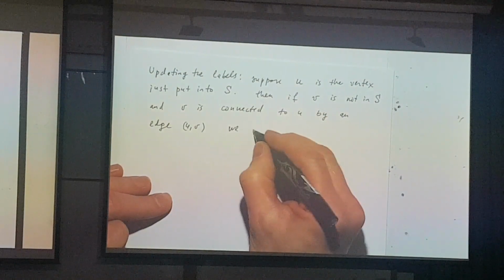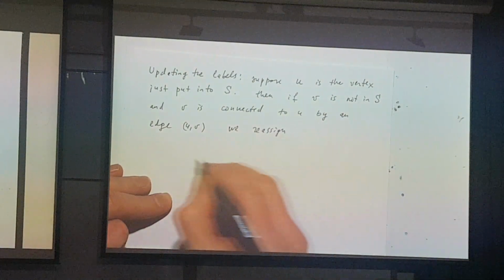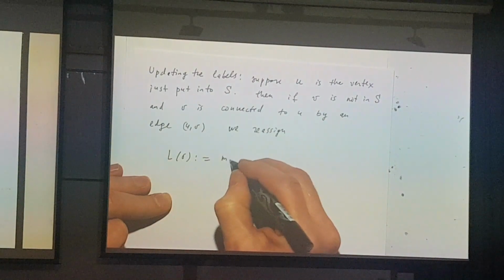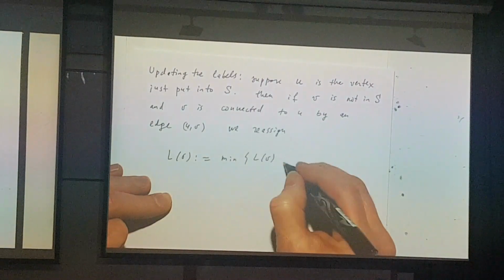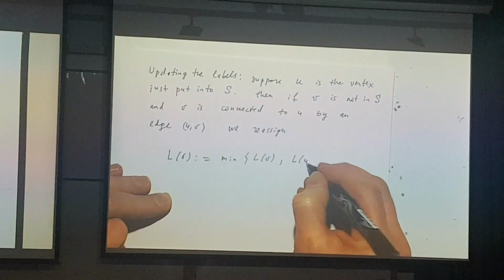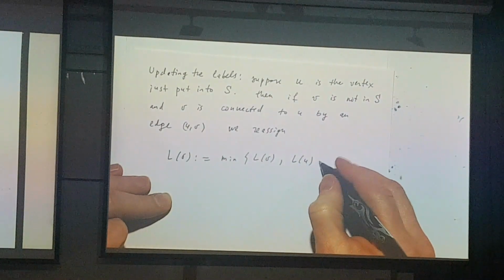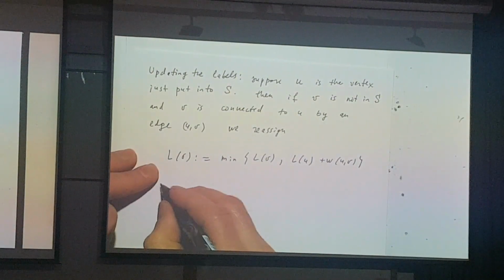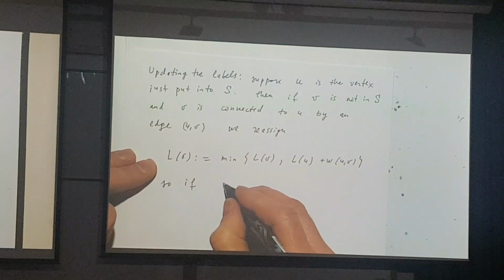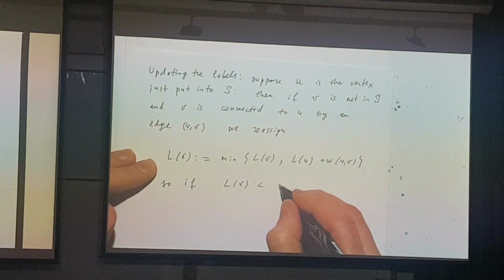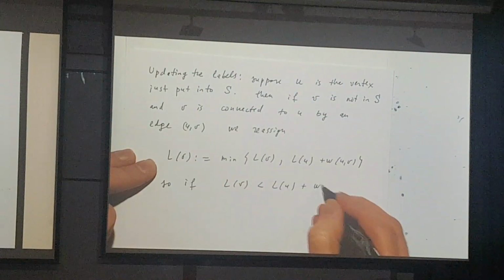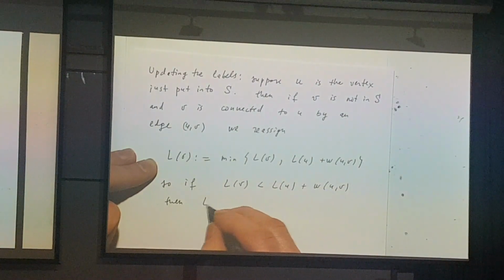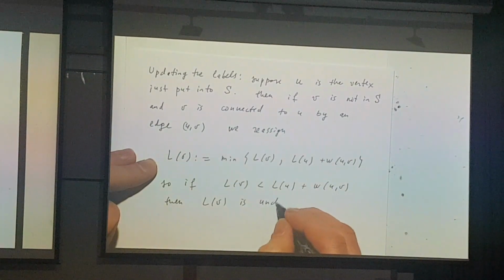we reassign the label of V to be given by the minimum of the old label L of V or the sum L of U plus W of UV, whichever one is smaller. So if L of V is less than L of U plus W of UV, then L of V is unchanged.